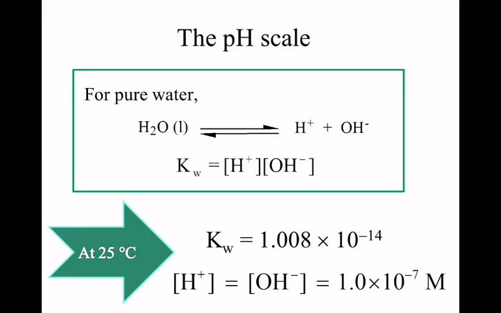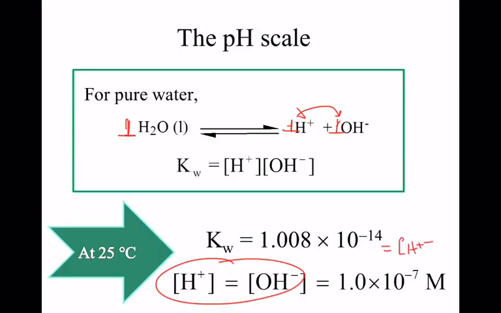So with the auto-ionization of water, if we look at the stoichiometry, you just got ones across the board. It's the most boring stoichiometry. You have 1 mole of this, we'll give you 1 mole of this, and 1 mole of this. So in other words, these are equal. So if this value is the product of these two things, then if you take the square root of this, you get 1.0 times 10 to the negative 7th.